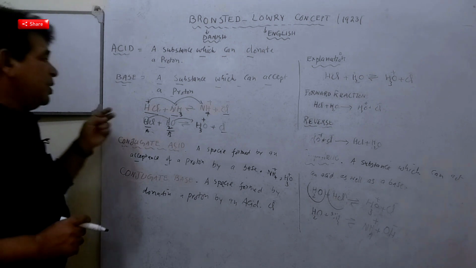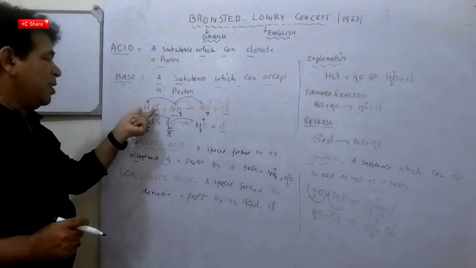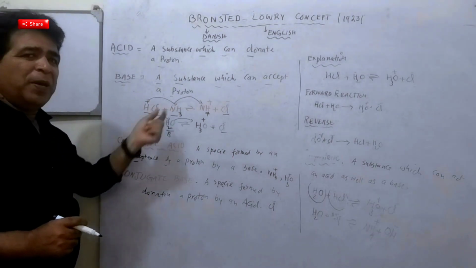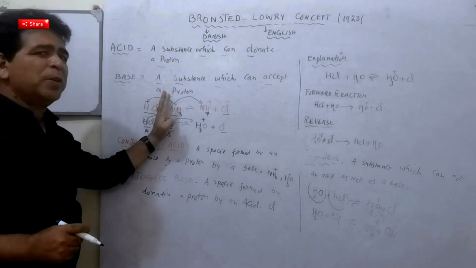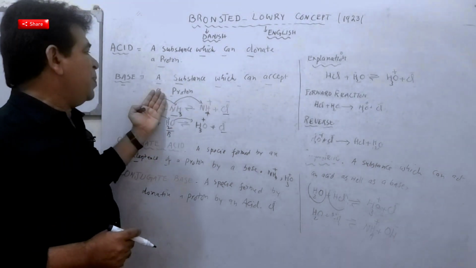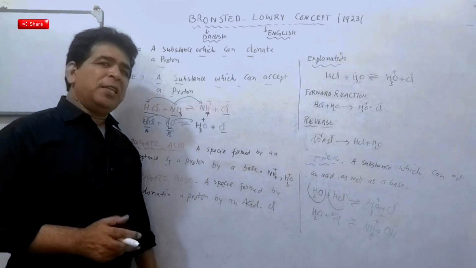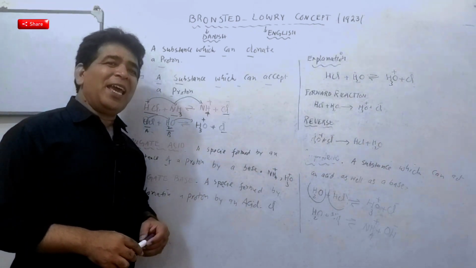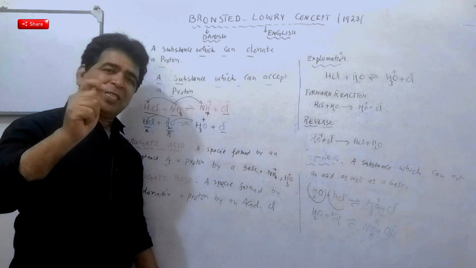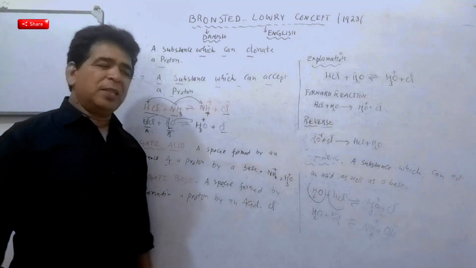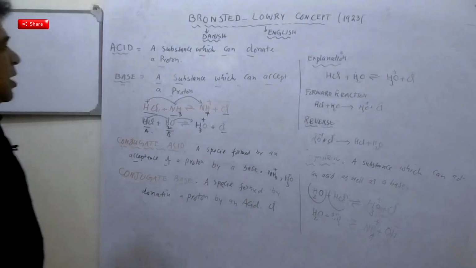Remember, there is one acid and the other is a base. An acid alone cannot be proved here, and a base alone cannot be proved here. They should react and act together at the same time, then it will be proved that they are acid or base, dear students.